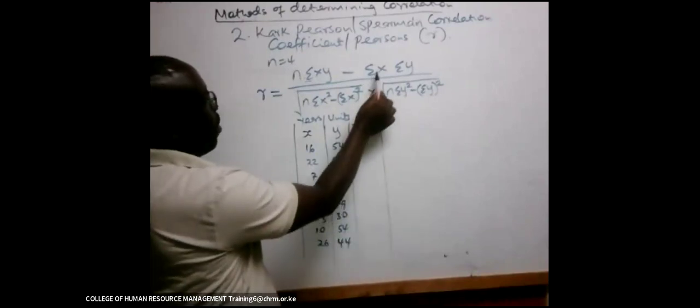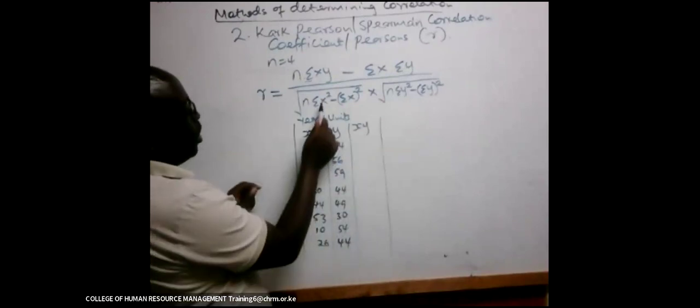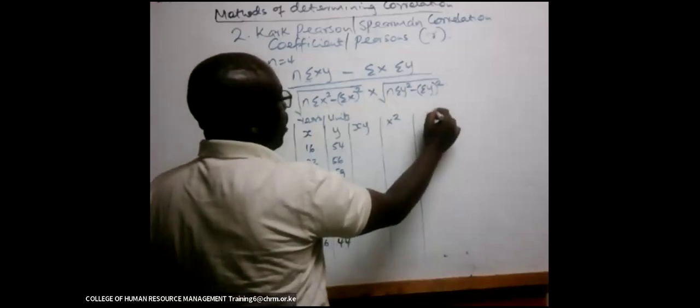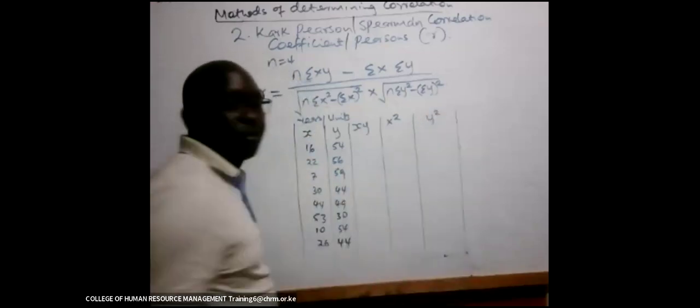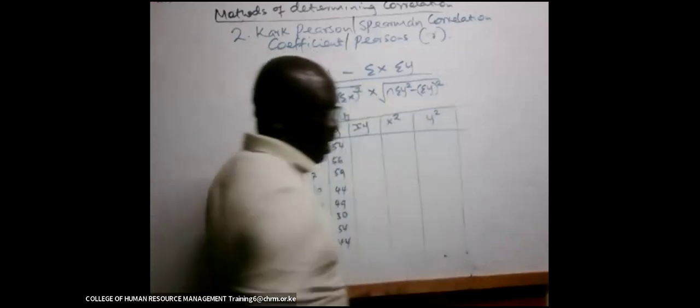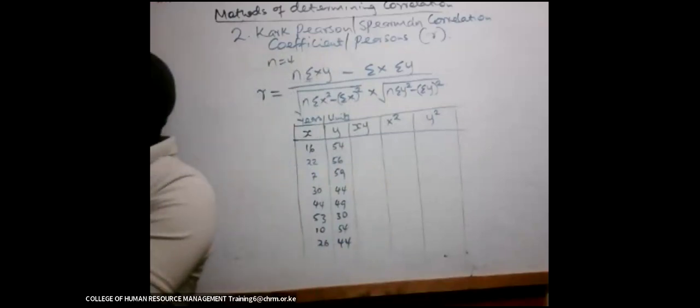The column of X is already here, and the column of Y is already here. What else do we need? We need X squared. We also need Y squared. That is all. Then you take your calculator. That's why I was saying this unit requires you to always have a calculator.